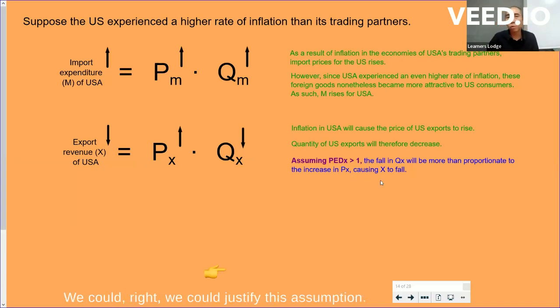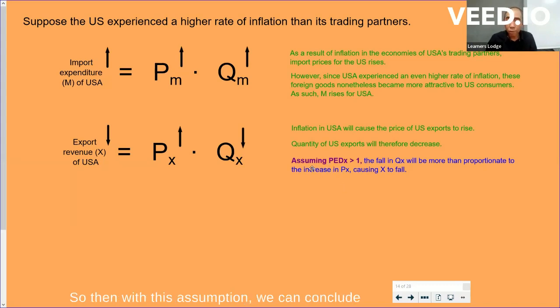We could justify this assumption, but again, take note of the mark allocation. We have 4 marks. Each reason is going to carry 2 marks. So if one of the reasons is that the inflation rate is high in America relative to trading partners, I have 1 extra mark for elaboration of my reasoning. This justification of the assumption isn't a priority anymore. We could justify, but it's not going to cost us marks if we did not justify the assumption.